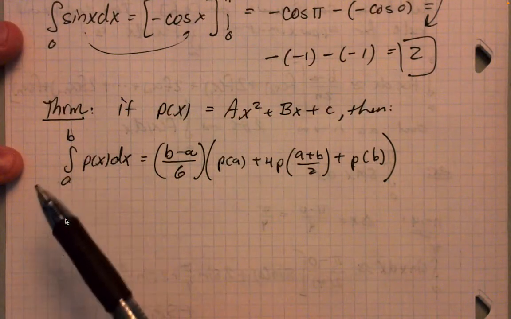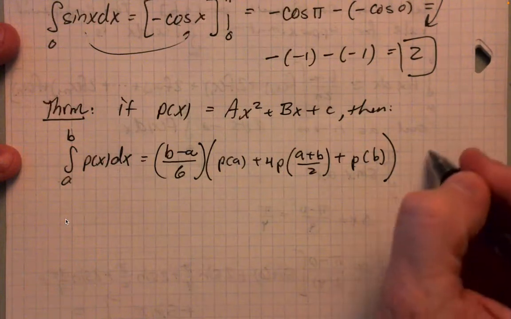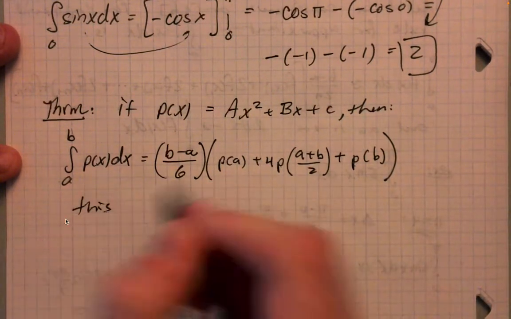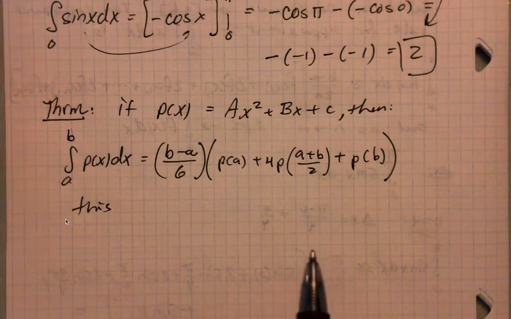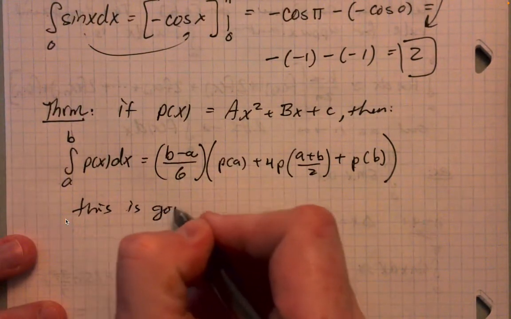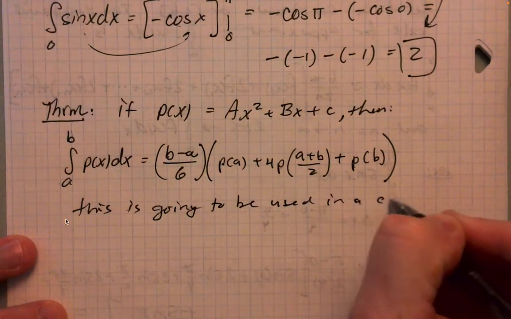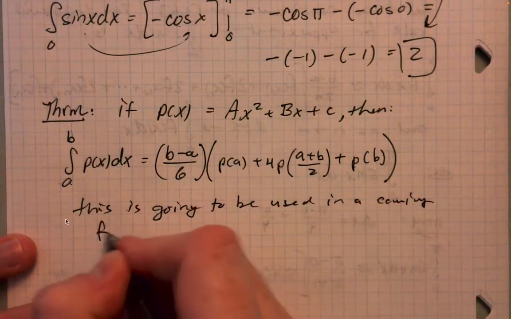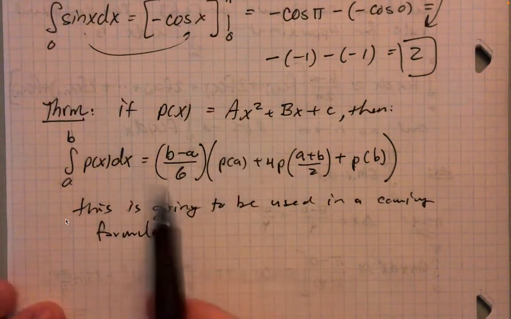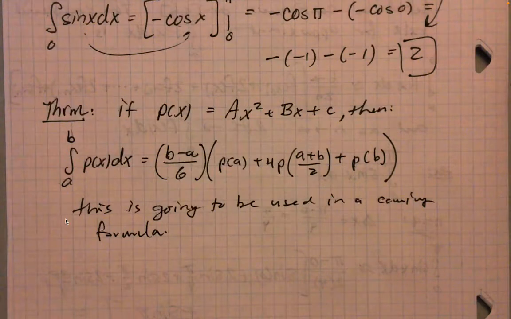Well, generally you would do it that way, but what we're going to do is use this in our Simpson's formula. So this is going to be used in a coming formula. Now, in practice, this wouldn't be the ideal way to deal with a polynomial. You'd want to just integrate it straightforward.